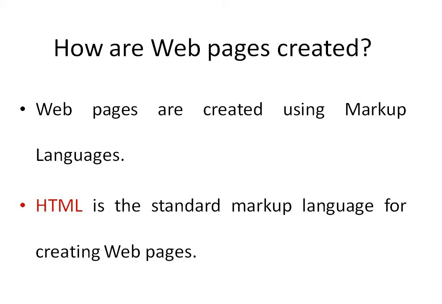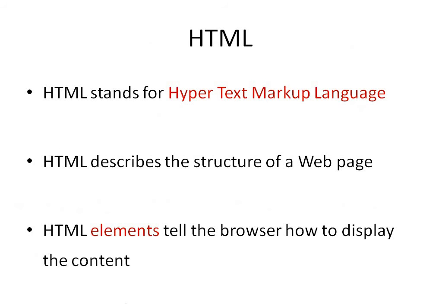Next, we are going to see how these web pages are created. We need some computer languages to do this, right? Those are what are said to be markup languages. HTML, we might have heard this term already. HTML, Hypertext Markup Language, is the standard markup language for creating web pages. It describes the structure of a web page.